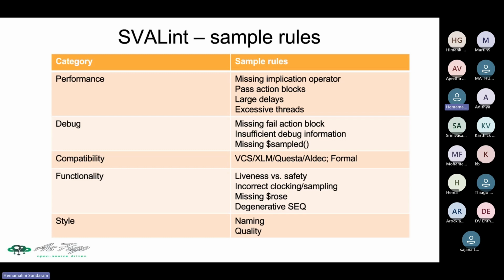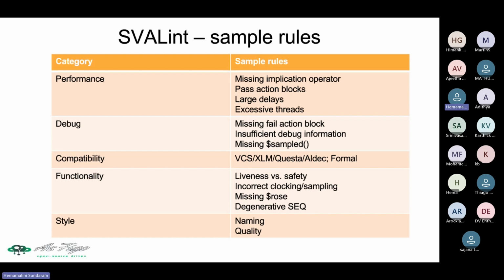Some of the SVA lint sample rules: in the performance category, we have the missing implication operator, pass action blocks, large delays, and excessive threads. In the debug category, we have the missing fail action block, insufficient debug information, and missing $sample.